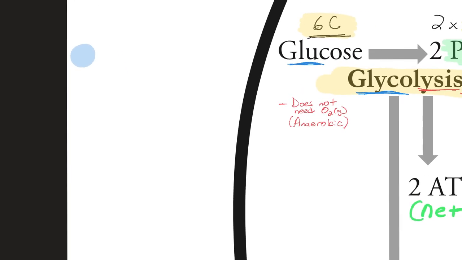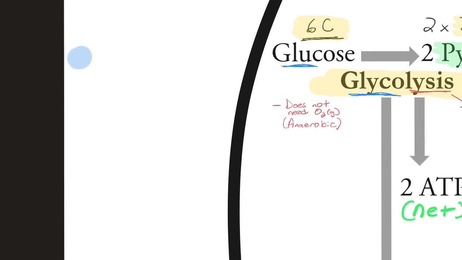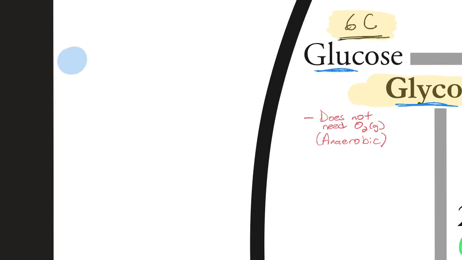However, what happens is you use 2, as you just saw, ATPs, and you make 4 ATPs. So that means you're making a net, remember the word net, of 2 ATPs.